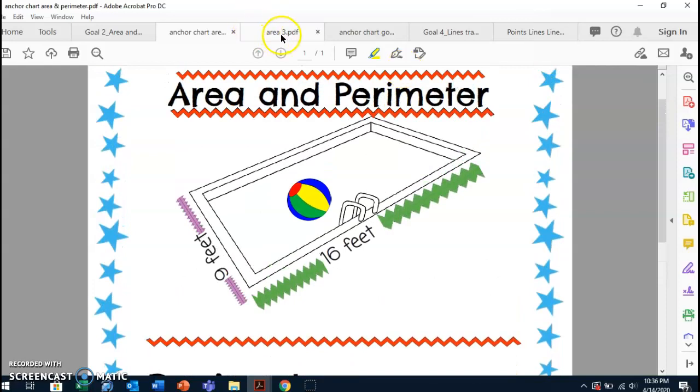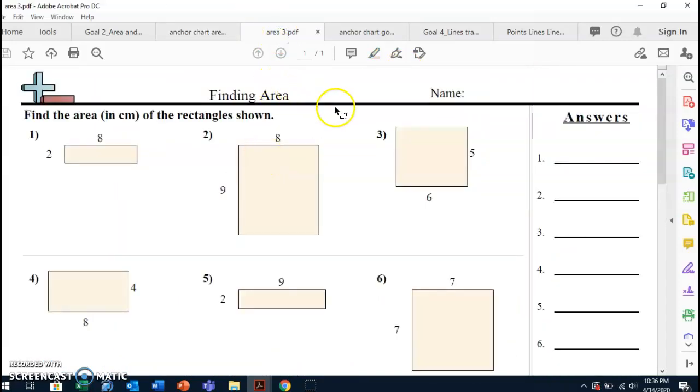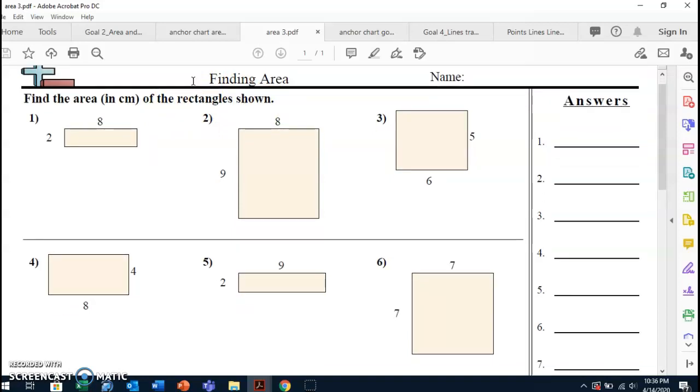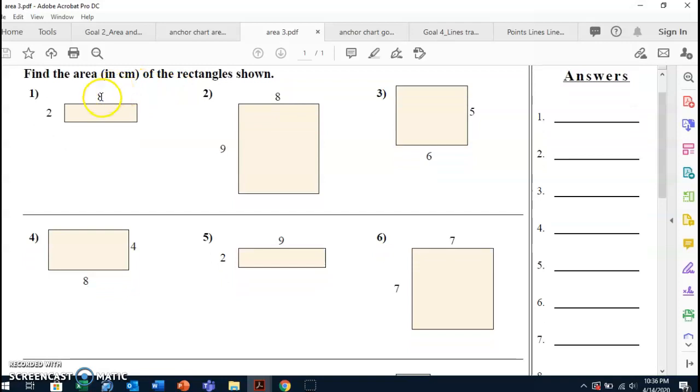So moving on to your assignment for today. This one would be your 3rd assignment on the IEP goal number 3. So you're going to find the perimeter of the rectangles shown. So 8 and 2. If you have an 8 right here, what goes right here?